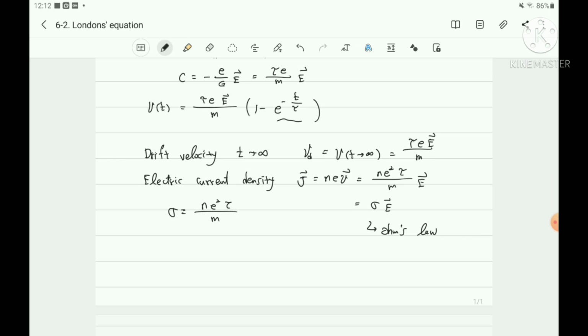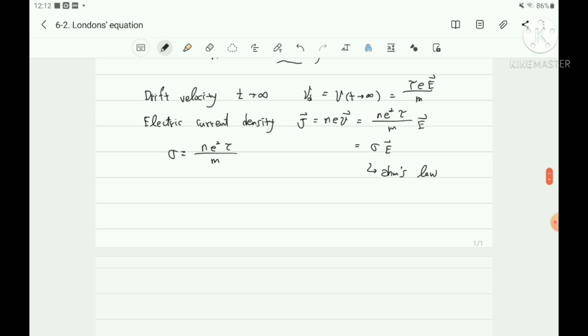But in the Drude model, there are several assumptions. The first assumption is the free electron approximation, and conduction electrons do not interact with the ions.